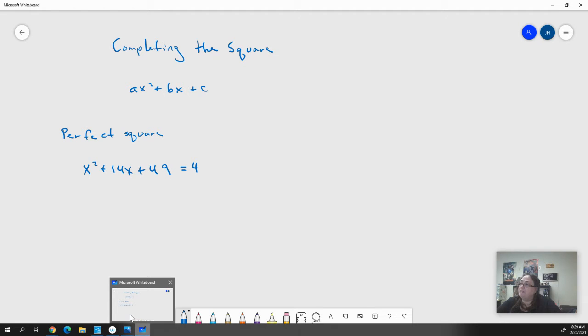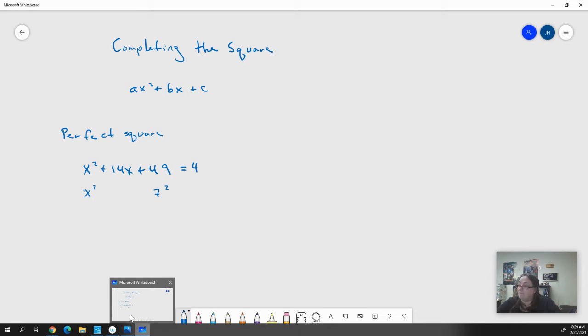This right here is considered a perfect square trinomial. It's because we have a perfect square here in this position, and we have a perfect square here in this position, right? This is x times x. This is 7 times 7. This is like saying x squared, but this is the same as saying 7 squared, right?